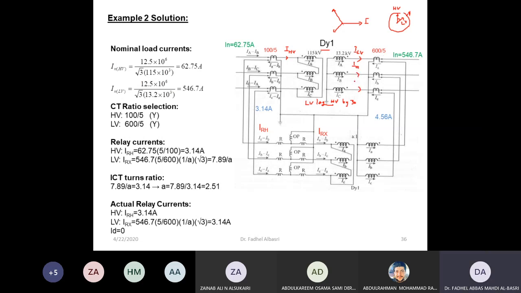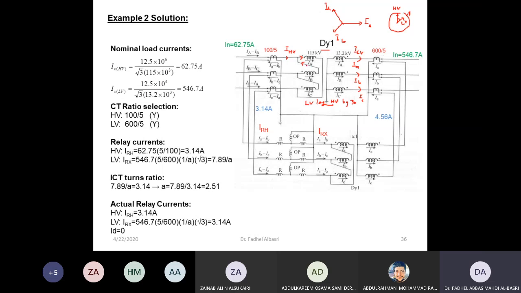You will see IB, IC because I use small letter IB, IC. So this is IA, IB, IC. And this IA and this IA are in phase, and this is IB, so this is IB, and this is IA.